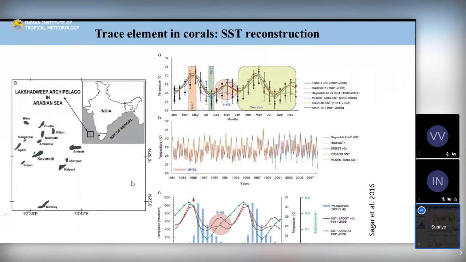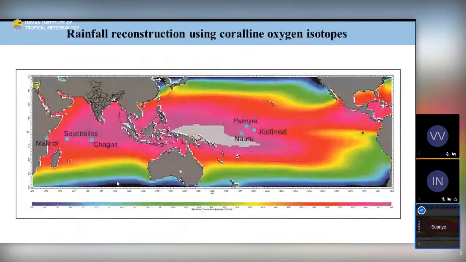In this figure, they plot the SST derived from the strontium calcium ratio of corals and the observed SST, and they show that there is a very good match between the observed temperature and the reconstructed temperature based on coral strontium calcium analysis.